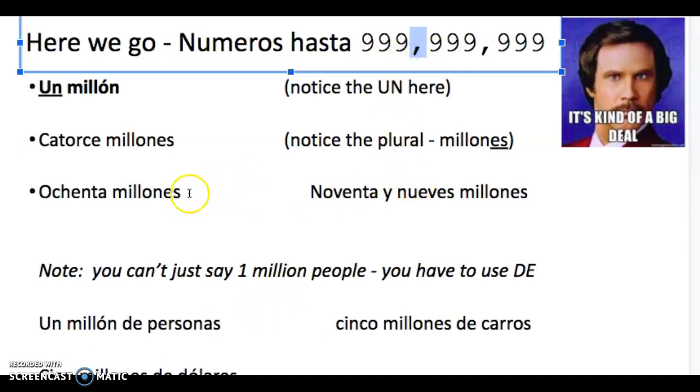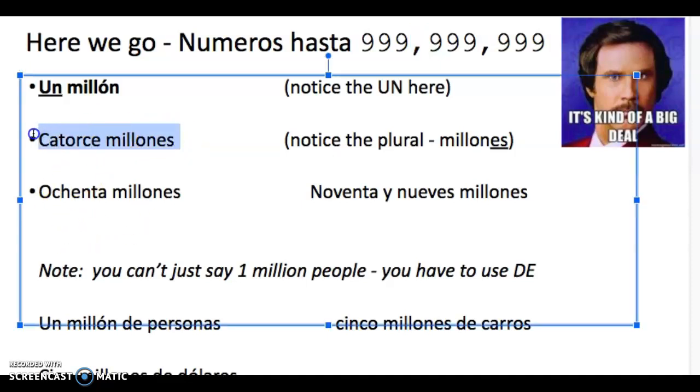It tells you where you are in your number, and that millones is your comma that tells you millions. So notice that when I go above 1, I have to make millón plural. So 14 millones, 14 million. 80 millones, 80 million. And again, I can still use my E between my tens and my ones. But here I'm in the millions, 99 million.